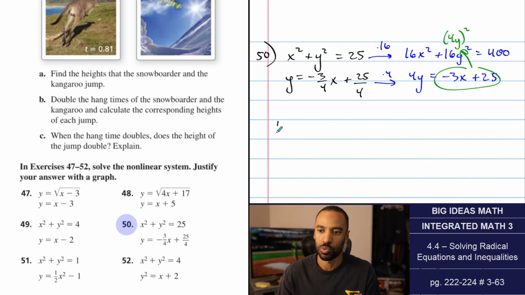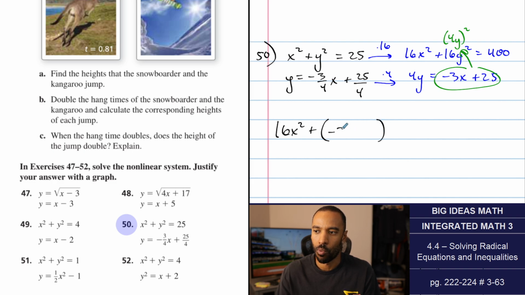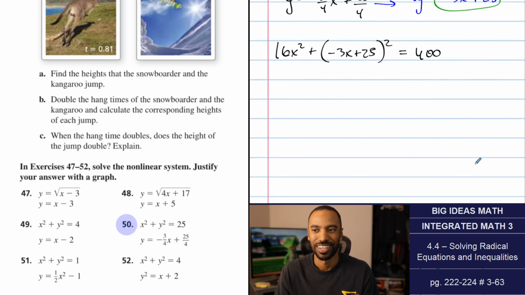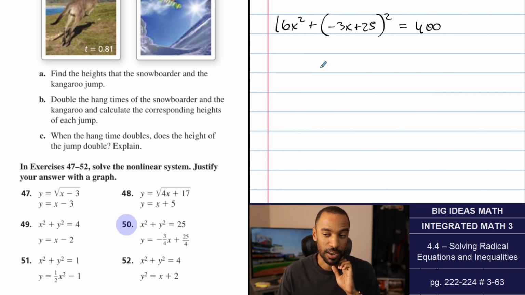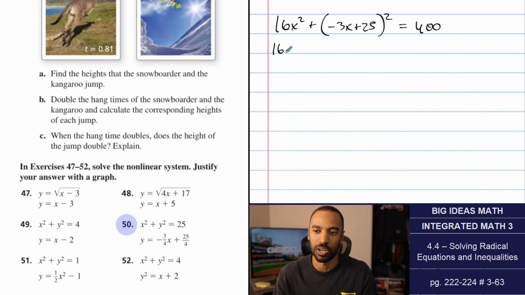So now my equation will say 16x squared plus, and here's the 4y being squared. This is just so I can avoid fractions. Maybe the answer is fractions, I don't know, but this is where I wanted to start the problem. I don't want fractions, you don't want fractions.